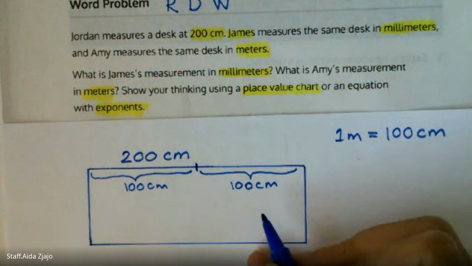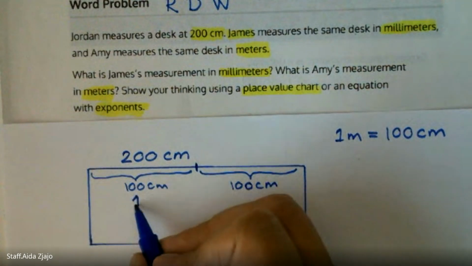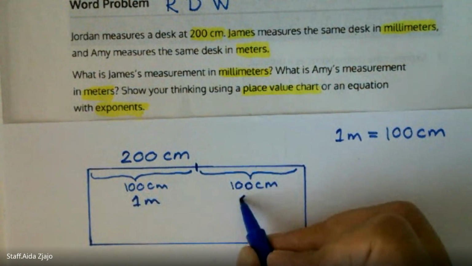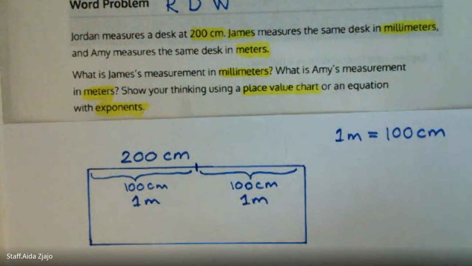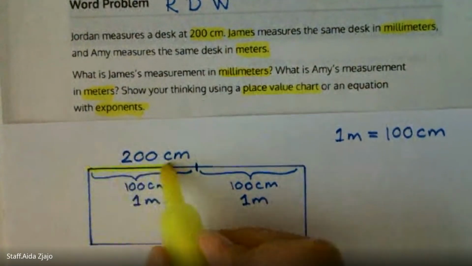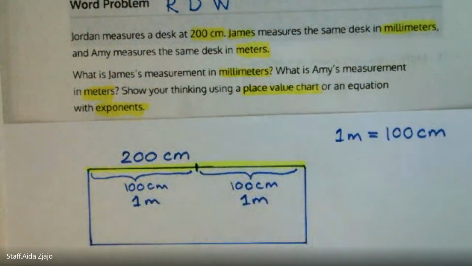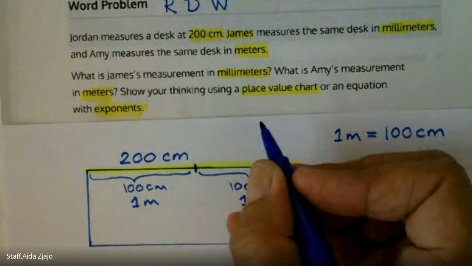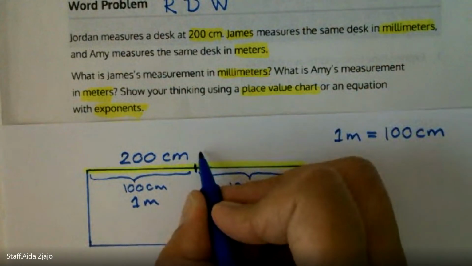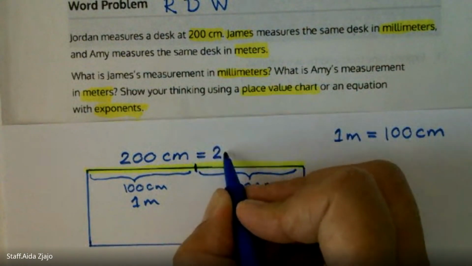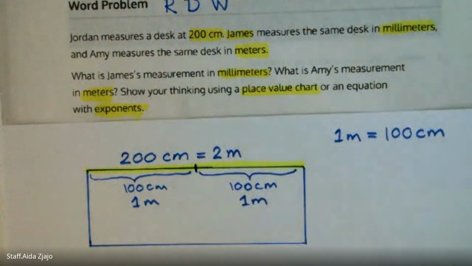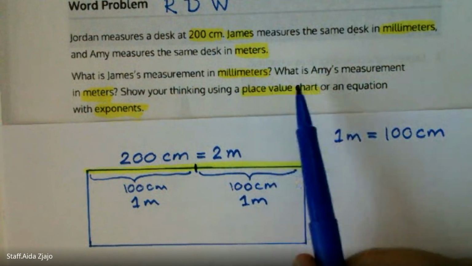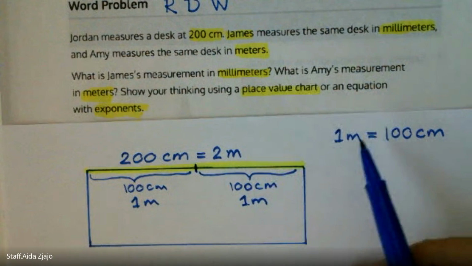Which means this is 1 meter, and this is 1 more meter. So all this is equal to 200 centimeters, which is also equal to 2 meters. But now the other one says you need to find how many millimeters.